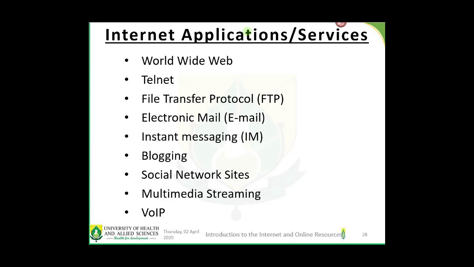Telnet application, very important. It is the type that allows you to actually remotely log onto another system as if you're just behind it operating. File transfer protocols, electronic mail, instant messaging, I mentioned blogging, social network sites like Facebook.